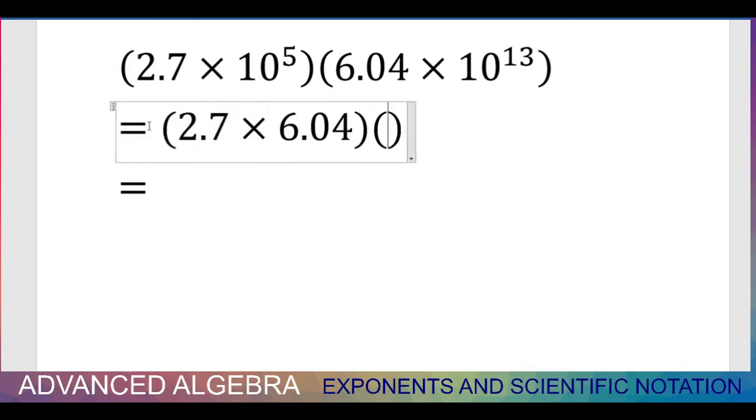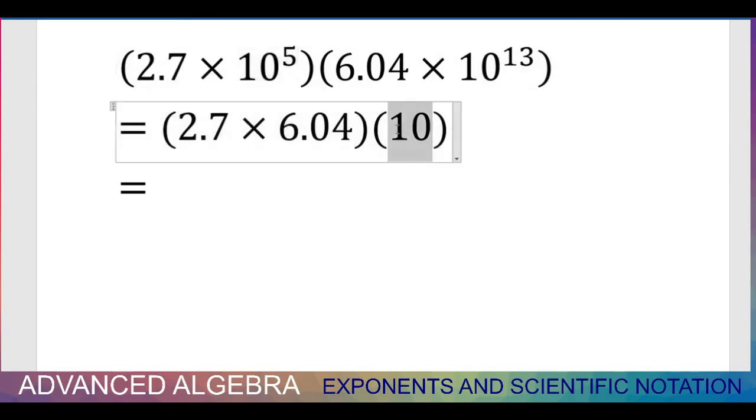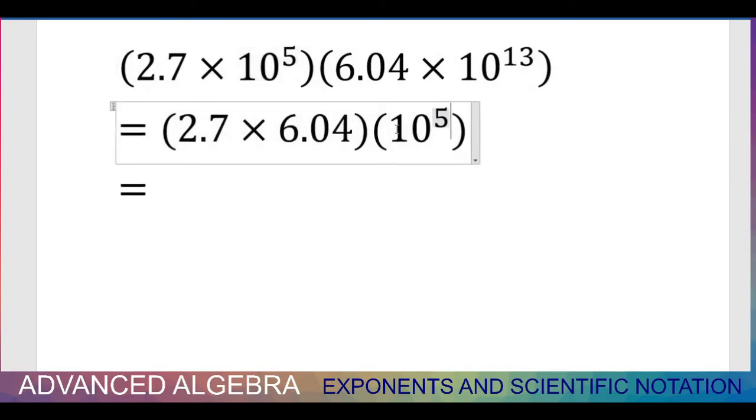Then, multiply by 10 na may exponent. Then, pagpaplasin naman natin yung kanyang exponent. Pag-multiply naman natin si 2.7 kay 6.04, ano ang sagot?